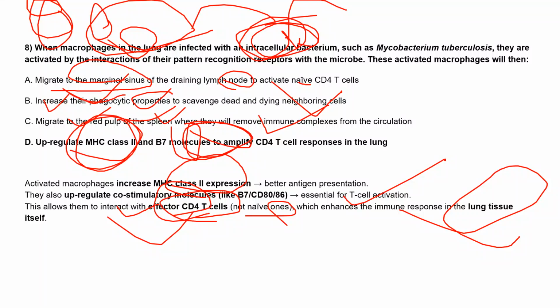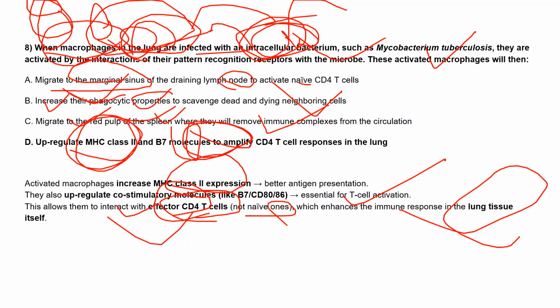But here the macrophages are present in the lungs, and they are infected with Mycobacterium tuberculosis, so it's an intracellular bacterium. In that case, what will these activated macrophages do? They'll upregulate MHC class 2 and also the B7 molecules, so that they can further amplify the CD4 T cell response in the lung, because it's tissue specific, and it's an intracellular bacterium. So they are infected. That's why these are not normal macrophages.